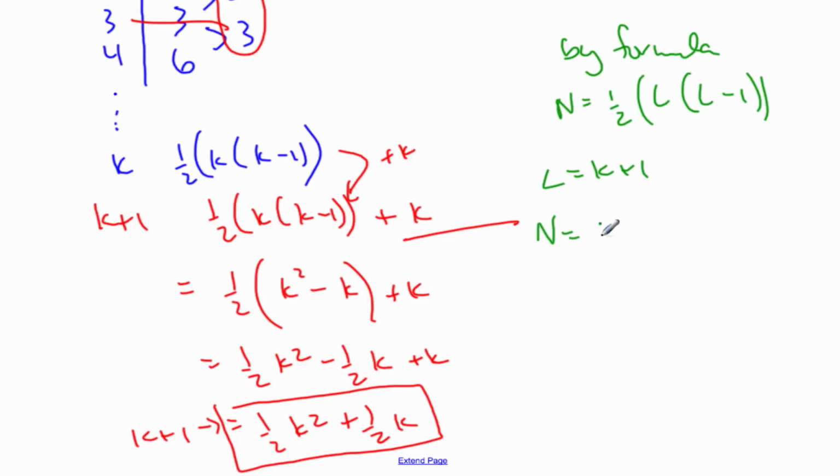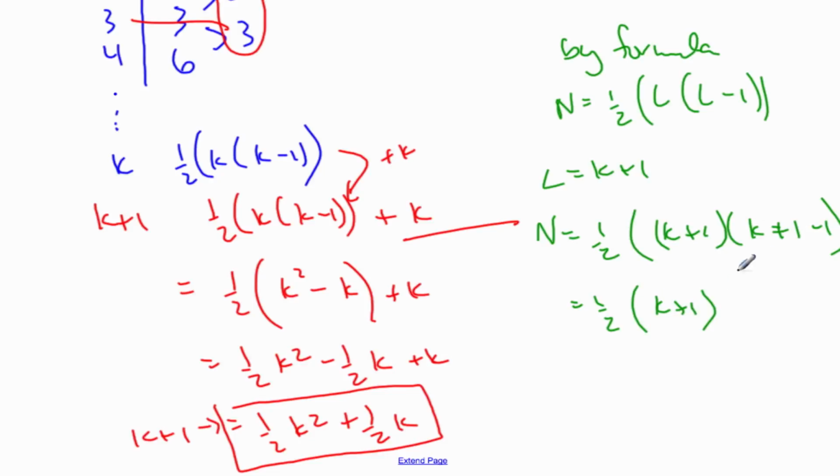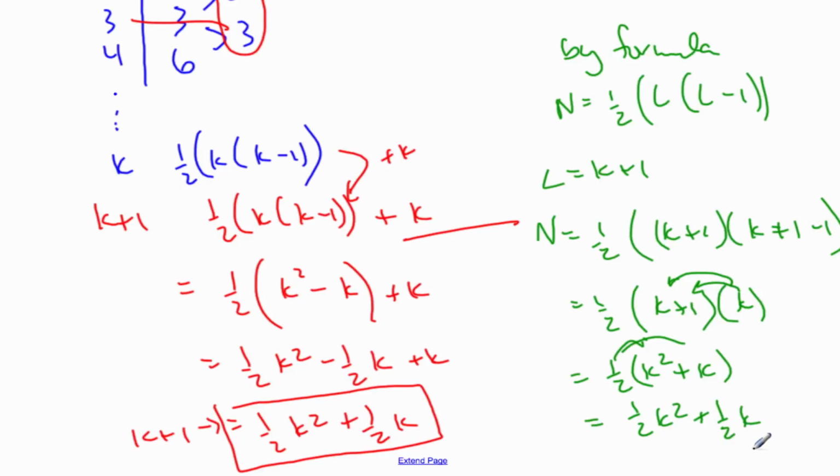So I get N equals 1/2 times K plus 1 times K plus 1 minus 1, because that's my L value, which is 1/2 times K plus 1 times K. Distribute, and I get K squared plus K. Distribute the 1/2 now, I get 1/2 K squared plus 1/2 K.